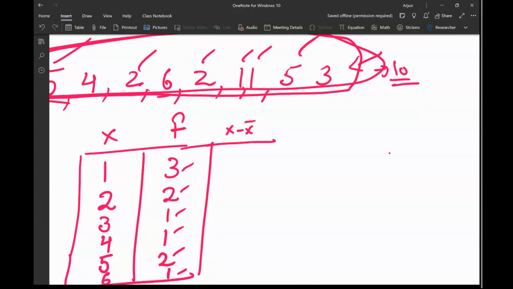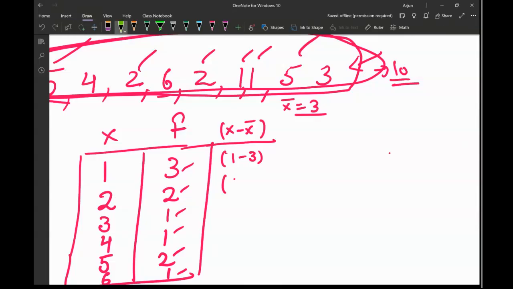You can note it down in your notebook also, so that you can keep looking at how I am getting the values. So for x minus x bar, x bar was 3. So this value will become 1 minus 3, and then the next value will be 2 minus 3.